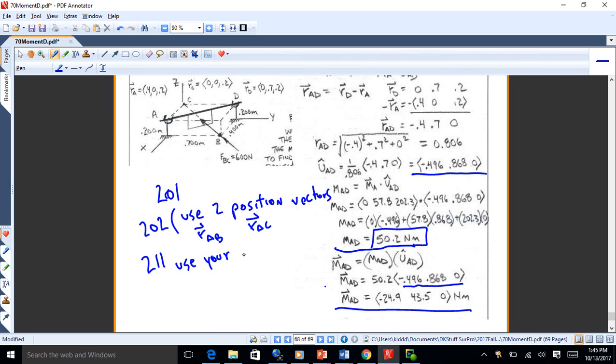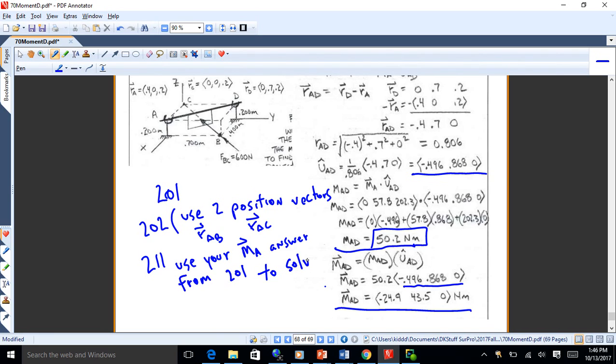And then 211, you can use your, I think it's an MA vector, isn't it? Yep. Use your MA answer from 201 to solve, okay?